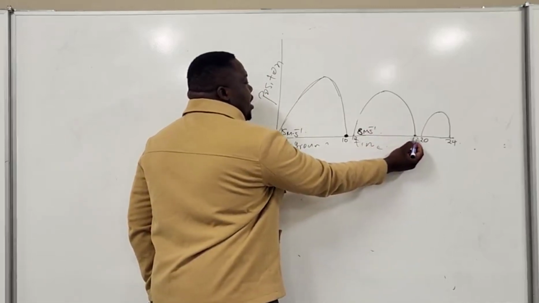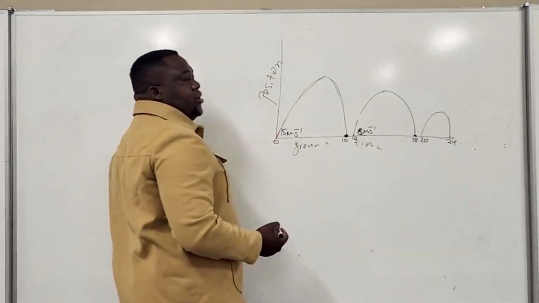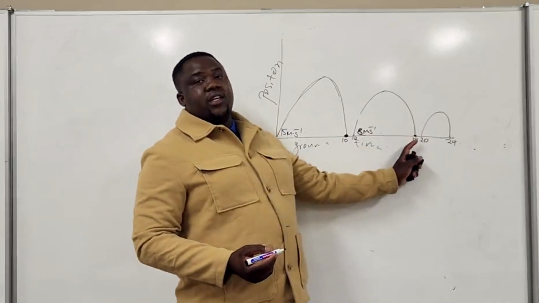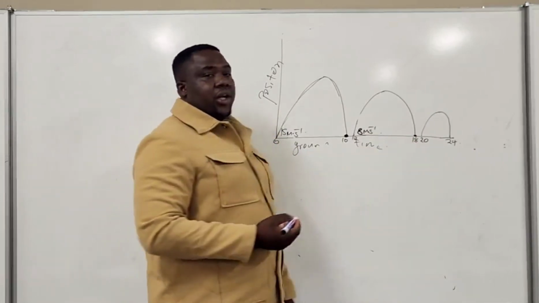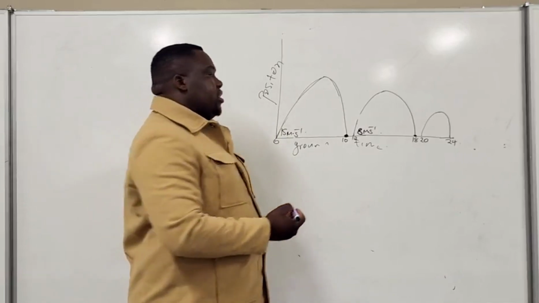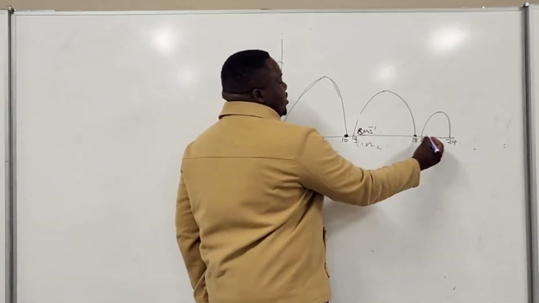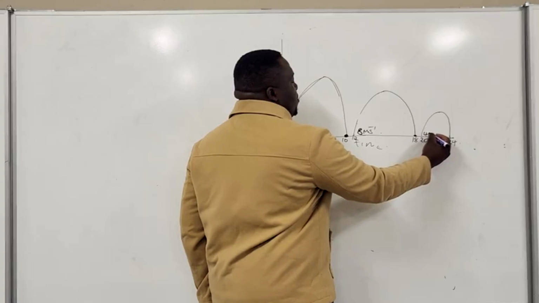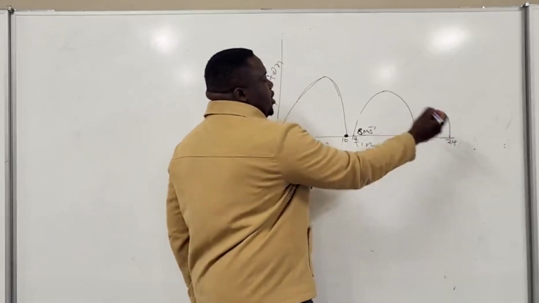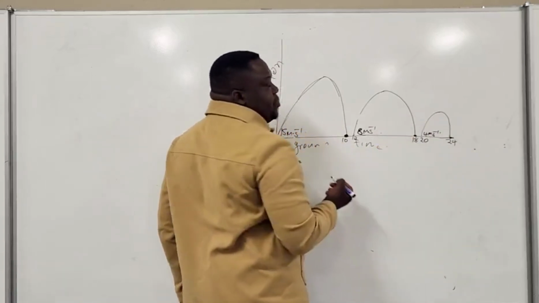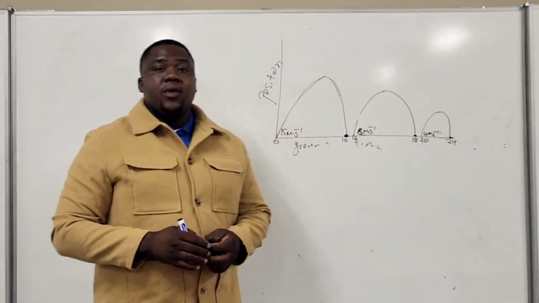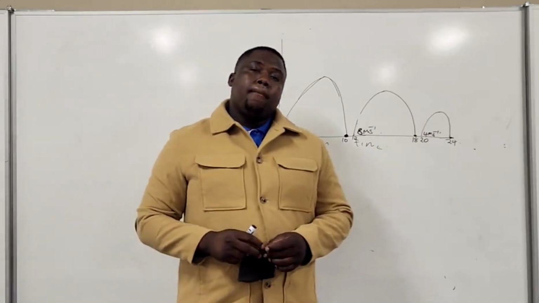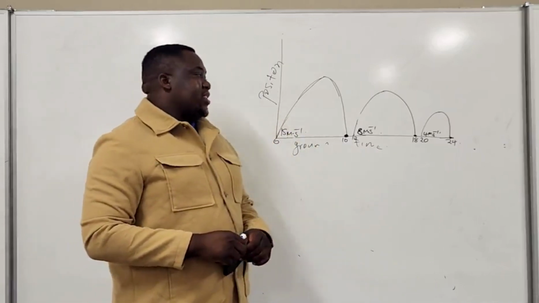Meaning that when it comes back, it will return to the same position at the same velocity, as I've already demonstrated to you. Then the ball went up at 4 meters per second. Then even here it will be 4 meters per second, because the ball is coming back to the same position. I hope you understand.